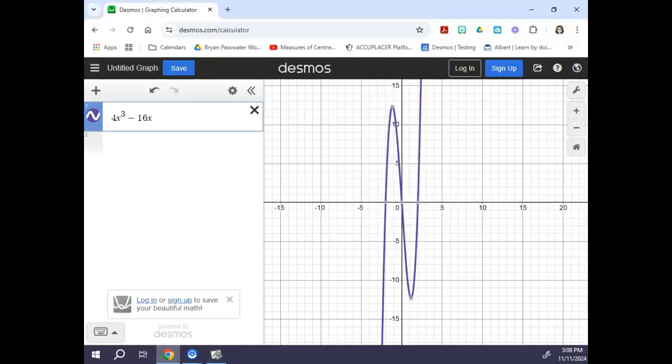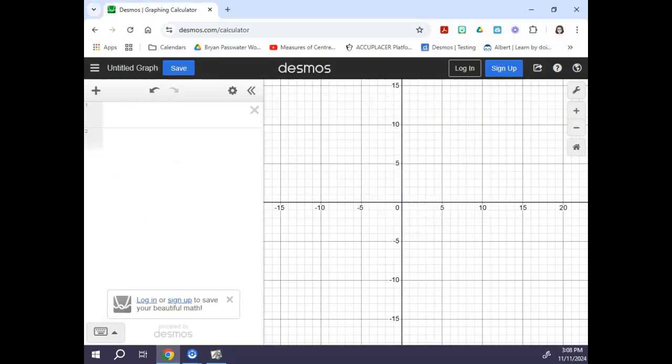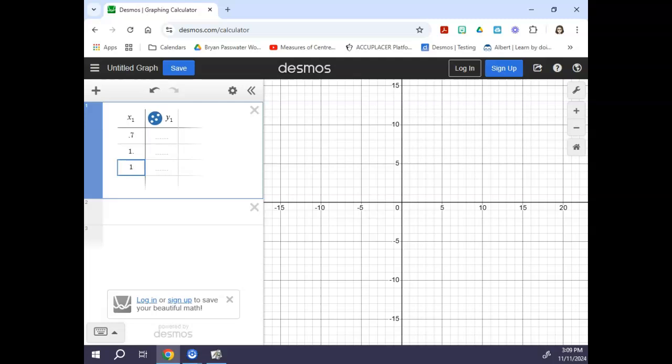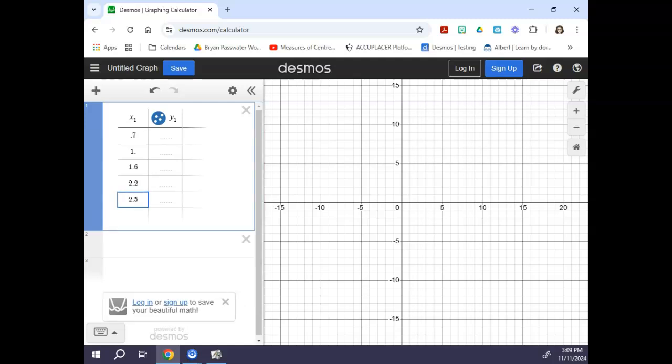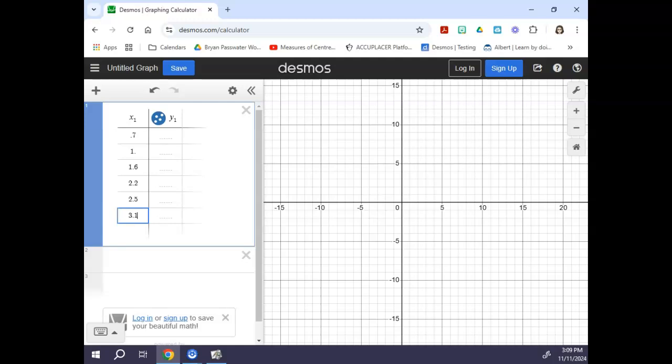Okay, so we're going to come back over here. I'm going to X that out, and then I'm going to type in my data, put in my table here. So I have 0.7, 1.3, 1.6, 2.2, 2.5, and 3.1.